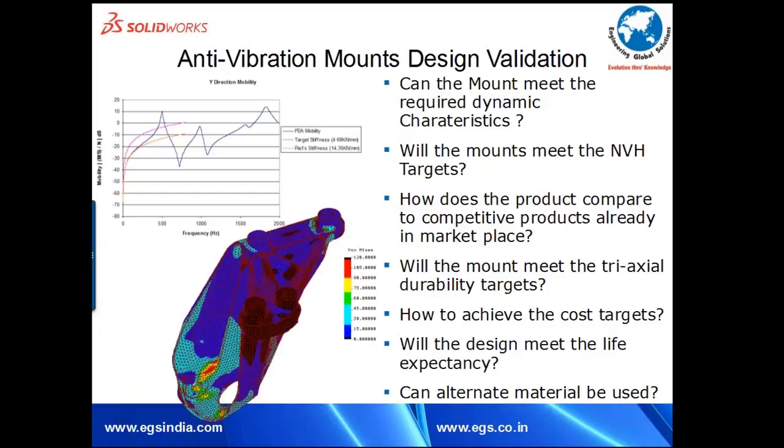If you are owning a car, you will see that after 3 to 4 years, they will replace your engine mount. After 3 to 4 years, they would replace your subframe mount. After 3 to 4 years, they will say your suspension mounts have to be replaced. That is because the life has been used up.